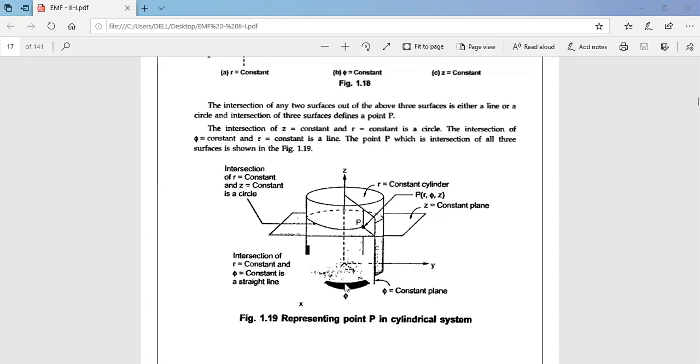Because to go around the entire cylinder, you're going around 2 pi, right? Yes, sir. If you're doing a quarter, it's a 4, so it'll be 2 pi over 4, which is pi by 2, right?